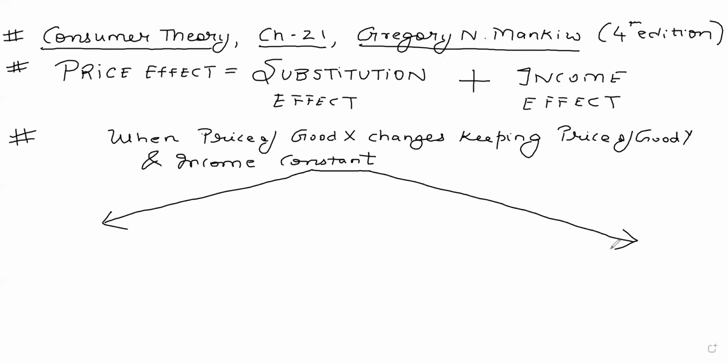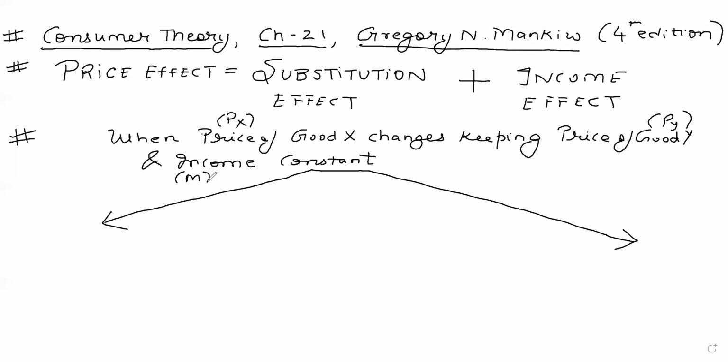So price of good X we can denote by PX, price of good Y we can denote by PY, and income of the consumer is denoted by M. So guys, let's look at the case. Suppose PX is changing, PY and M are kept constant.